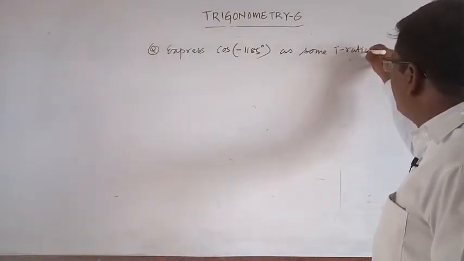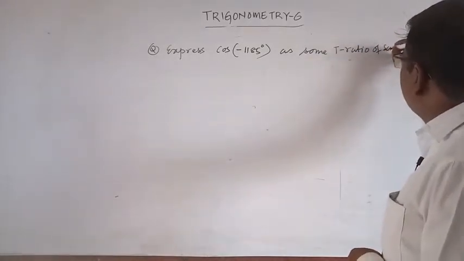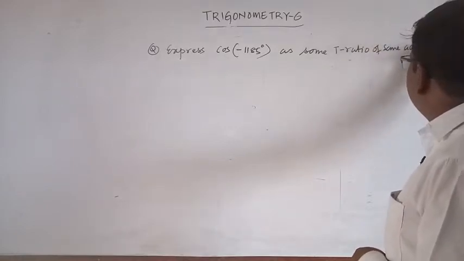T ratio means trigonometric ratio of some acute angle.